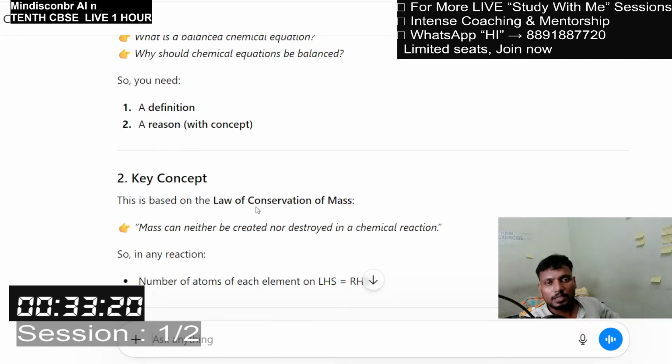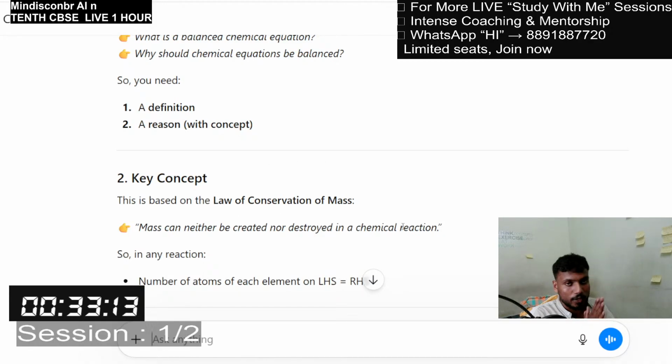The key concept of this question is that the balancing of a chemical reaction is based on the law of conservation of mass. If we get a question asking on which law this balancing takes place, we have to answer it as the law of conservation of mass.